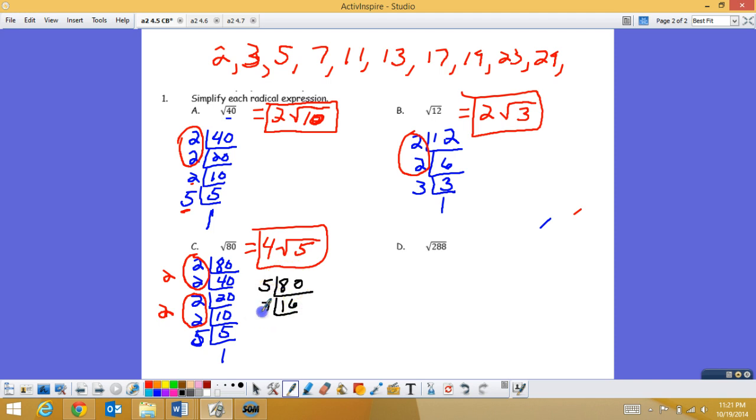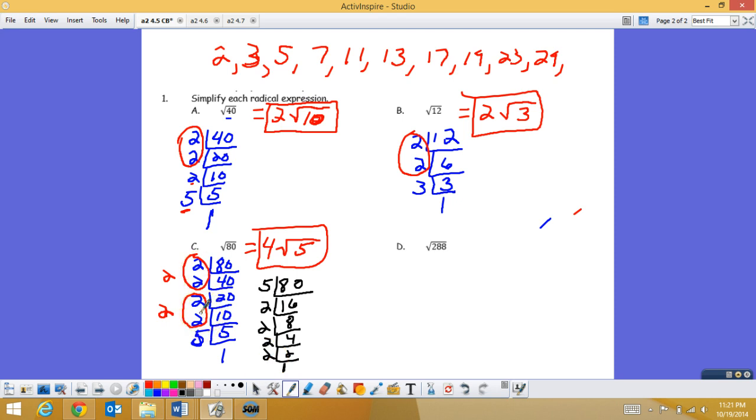And the prime number that goes into 16 is 2, 8 times. 2 goes into 8 4 times. 2 goes into 4 2 times. 2 and 1. Now, one thing you'll notice is that even when I divided by 5 first, I still ended up with a 5 and four 2's, just like we did over here. So you get the same answer.